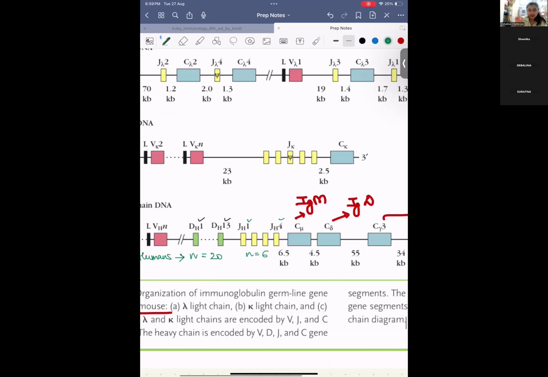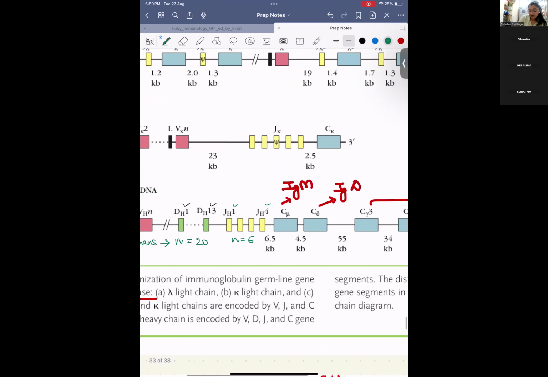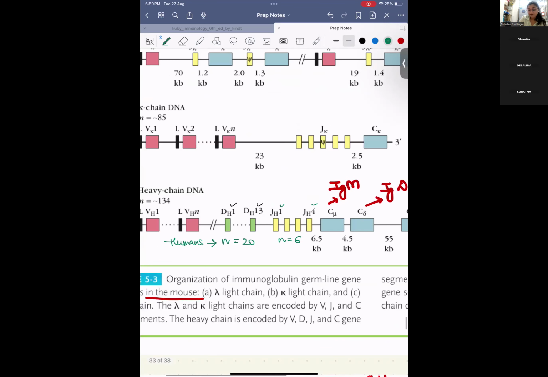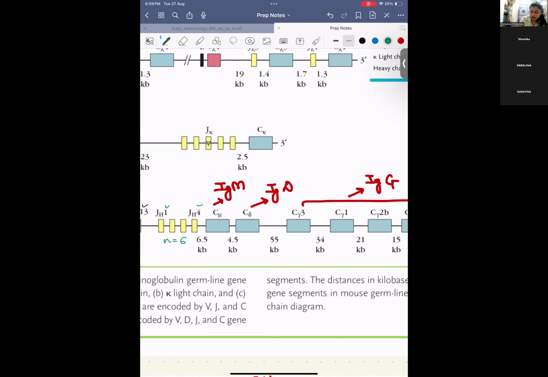This D region was not present in the light chain arrangement. We have the D region arranged in your heavy chain. So we have V, D, J, and then the closest possibility is, over here, the C mu that corresponds to IgM and C delta that corresponds to IgD.